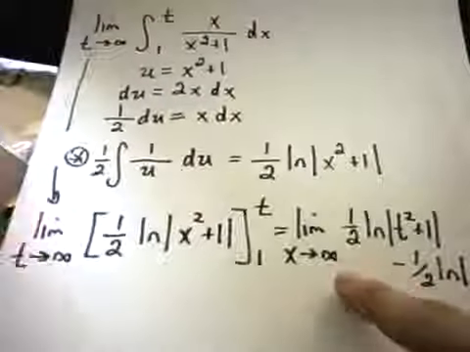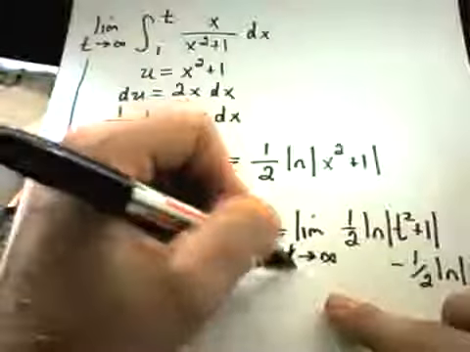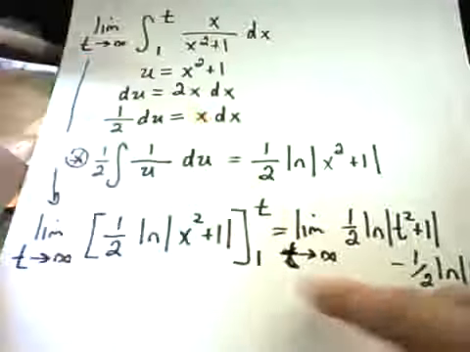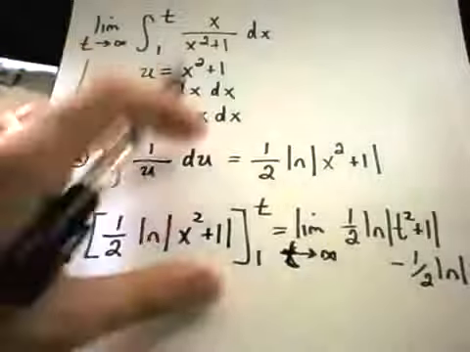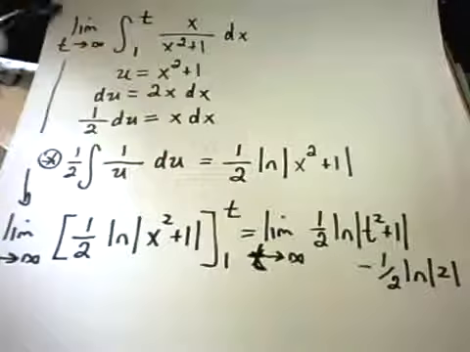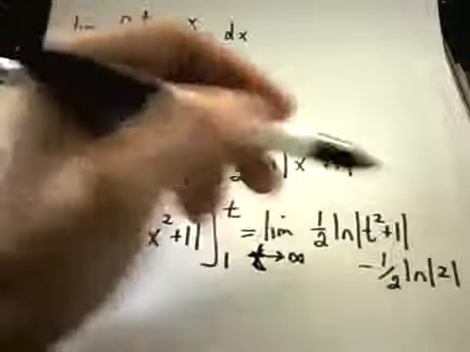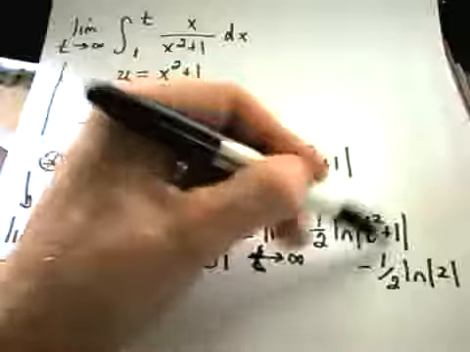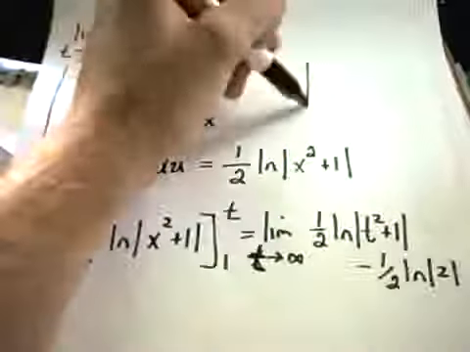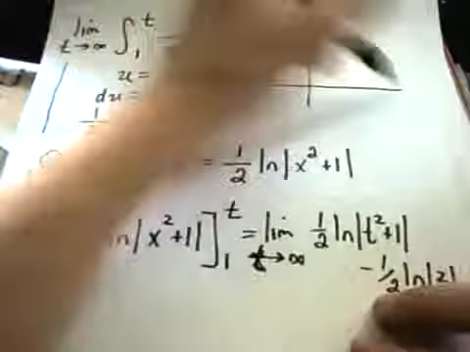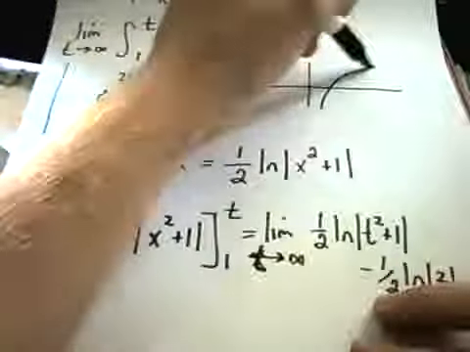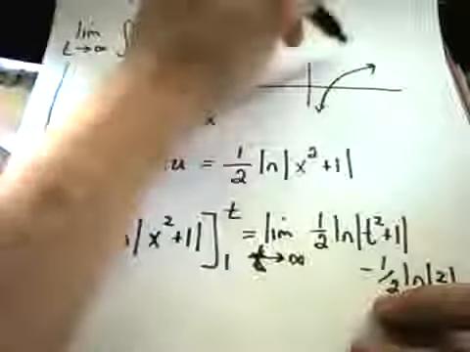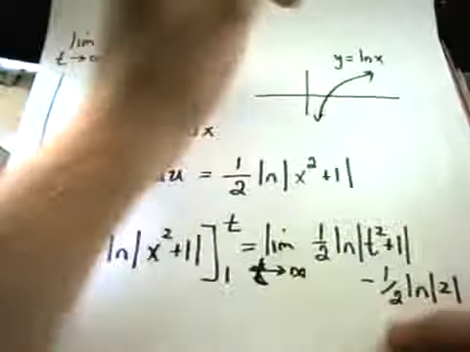And now I have to think about, whoops, my t turned into an x. This should be a t goes to infinity. Now I have to think about these limits. Well, the limit as t goes to infinity, the inside of this part is going to go to infinity. And remember, as the x coordinates go off to infinity for the natural logarithm function, so here's y equals ln of x.